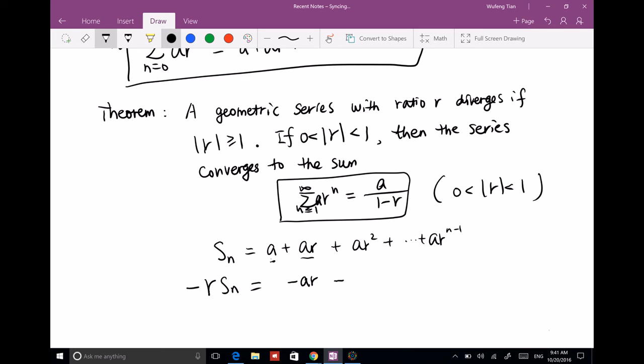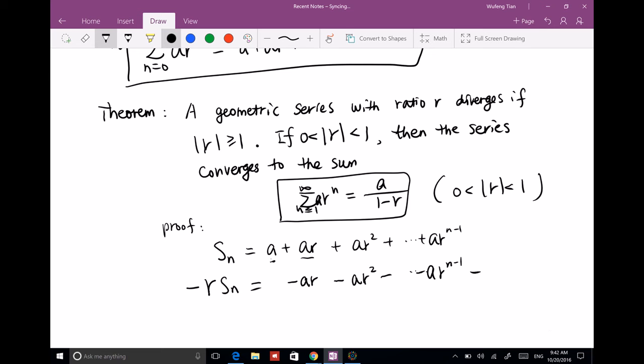So negative AR squared. Okay, this is the proof. And next one is minus, always a minus. Minus, I do have AR^(n-1).